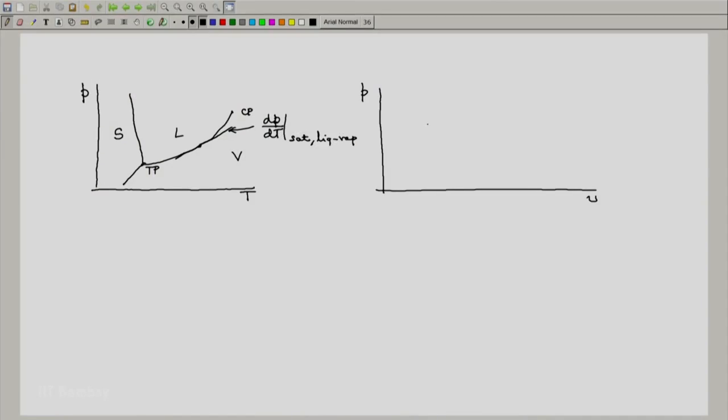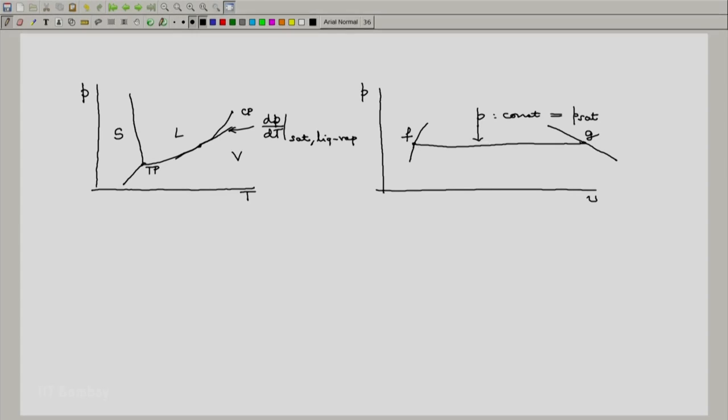So let this be the saturated liquid line, let this be the dry saturated vapor line. So now this point is our saturated liquid state, this point is the dry saturated vapor state, and these are the intermediate states which are at P constant, and P is equal to the saturation pressure which we have selected.